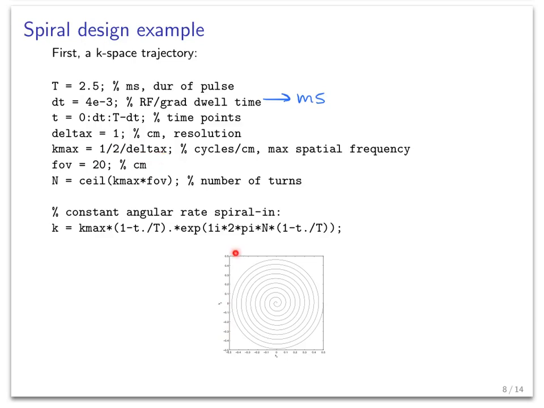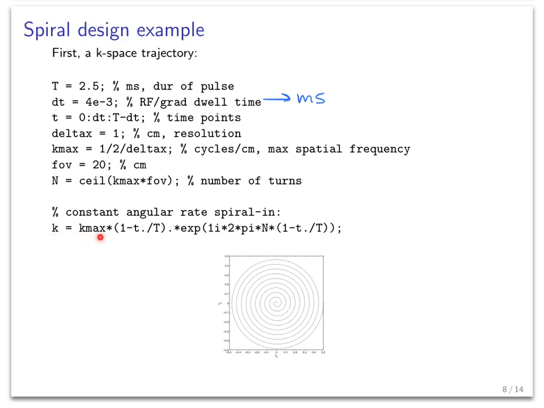And you can indeed see in the plot here that our trajectory reaches plus and minus 1/2 cycles per centimeter. And we're going to use a field of view of 20 centimeters. That means the number of turns that we should have is equal to k max times the field of view. What would that give us? That would give 20 times 1/2, that's 10, n equals 10 here then, right? And if you count up the cycles, or the number of turns in your trajectory here, you'll get 10.